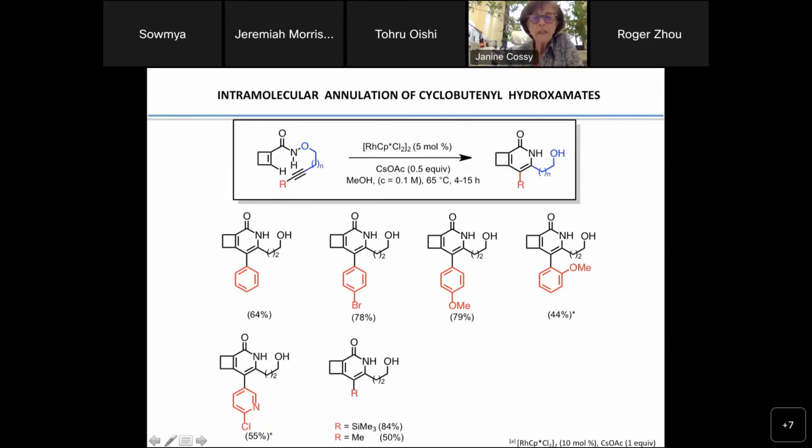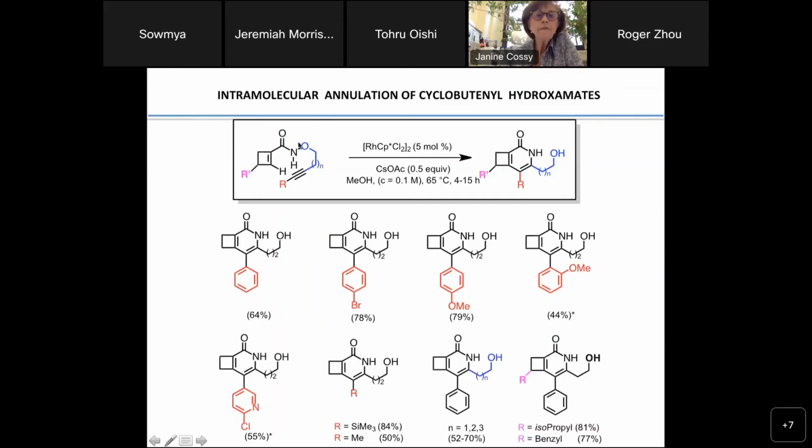Here you can see that the yields are good to modest, and you can have different sizes of this tether in here. For example, you can have 1, 2, or 3 carbons at this position, and you can see that the yields are pretty good too. You can also have a substituent on the cyclobutene, and for example, if you have an isopropyl or a benzyl, you can have the yield in this compound, which are around 80%.